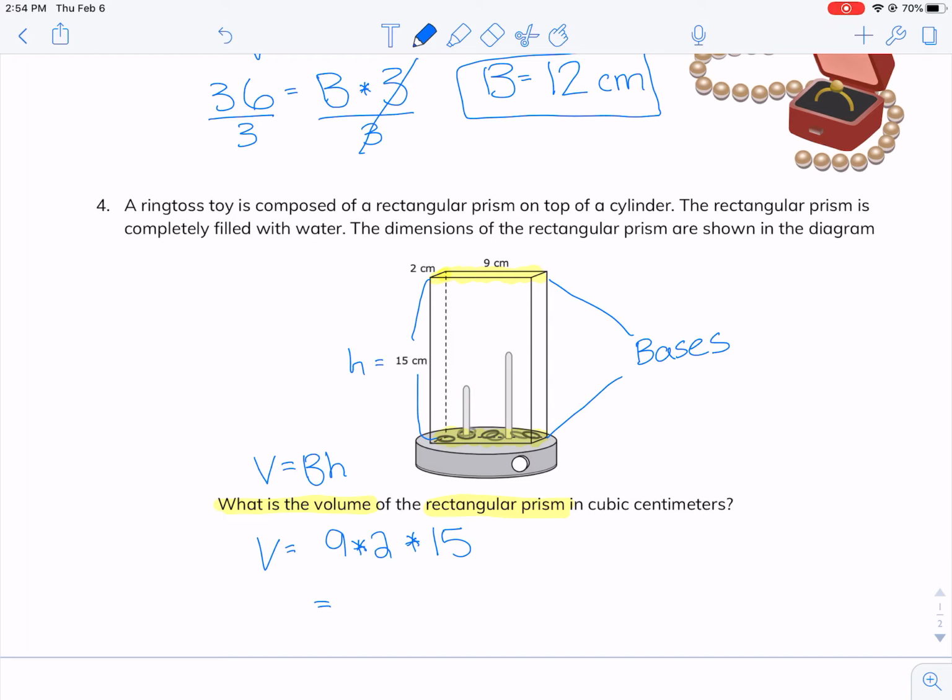If you multiply it one step at a time, I know that 9 times 2 is 18 times 15. I'm going to do that on the side. 8 times 5 is 40, carry the 4. 5 times 1 plus 4 is 9. Add the 0. 1 times 8 is 8. 1 times 1 is 1. Add it, and that gives you 270. So 270 centimeters cubed would be the final answer.